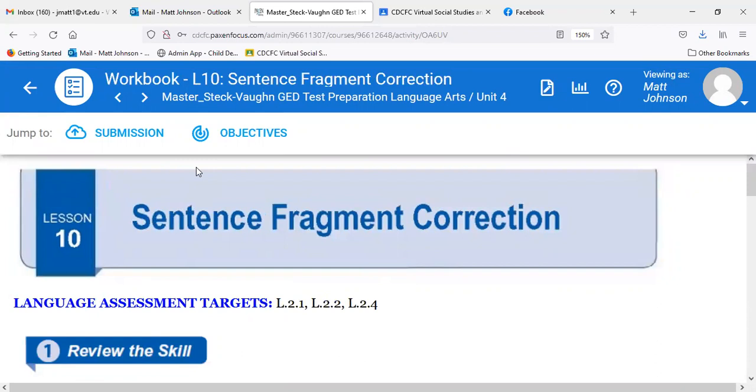Rachel, did you run into that before? Yeah, but she fixed most of them, but I don't have the workbook for lesson 10. Okay, all right. So we'll get a hold of her and make sure that you can follow up and complete this later. And of course, it'll be on the Google Classroom if you want to go back and look at it. Okay. Sure, no problem. Sounds good.